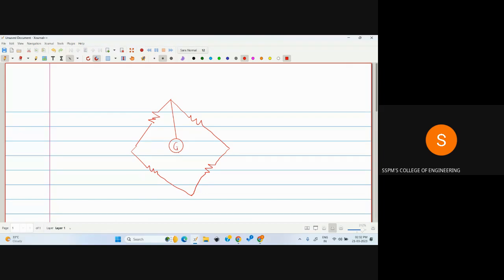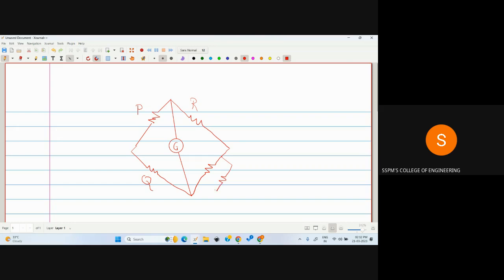The galvanometer is used to detect the current flowing through this branch from this point to this point. Let's consider that here resistance P is connected, here resistance Q is connected, R is connected, and in the fourth branch, the parallel combination of S1 and S2 is connected.